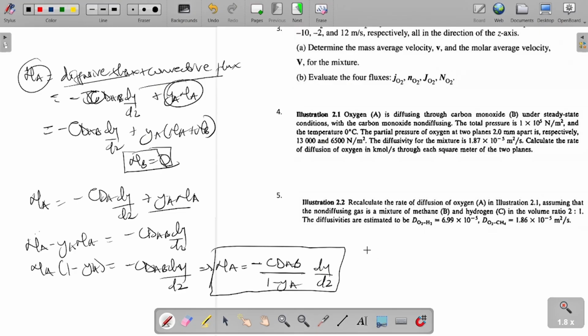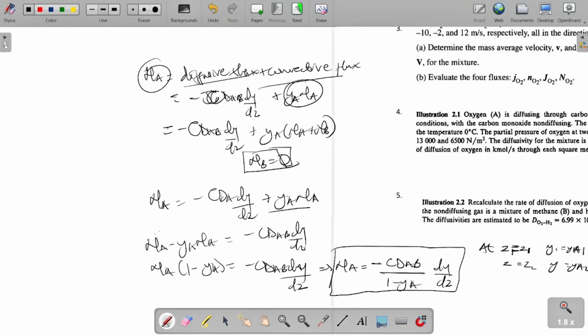So I can say that at z equals z1, when the distance is equal to z1, y at that point becomes y_A1, then at z equals z2, y becomes y_A2, because you're talking about just the A over here. So that will help us in breaking down this thing, right?